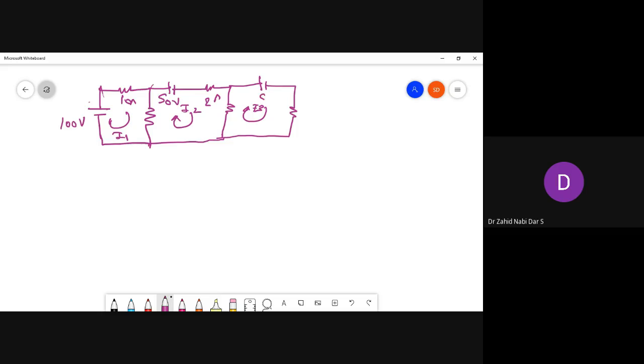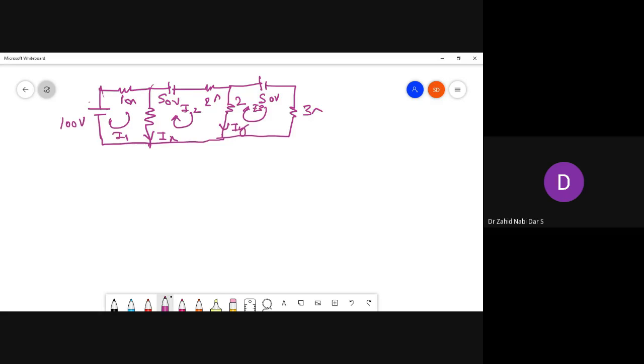This is 50 volts, and this is 2 and this is 3 ohms. Okay, so all the values I mentioned. So using KVL, determine the value of current. Ix and Iy. There is a current like this, Ix, and the direction of the current I'm showing is Iy.